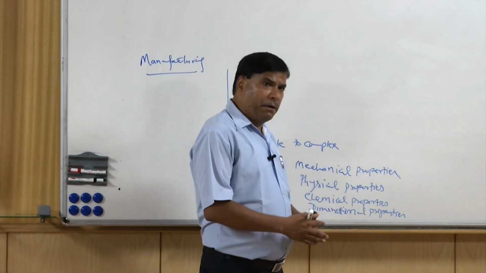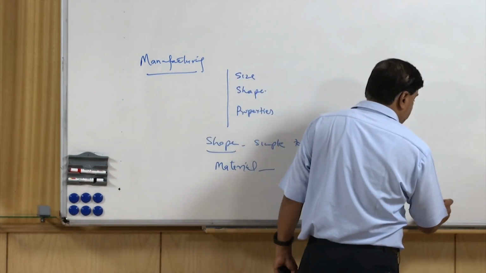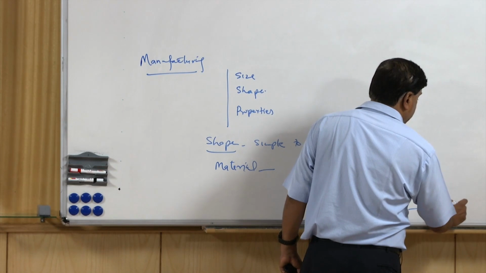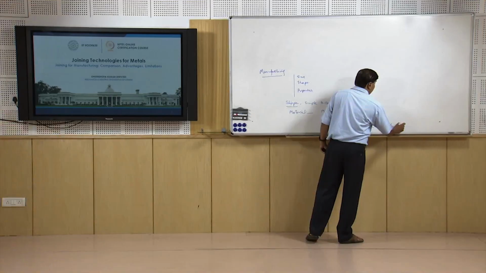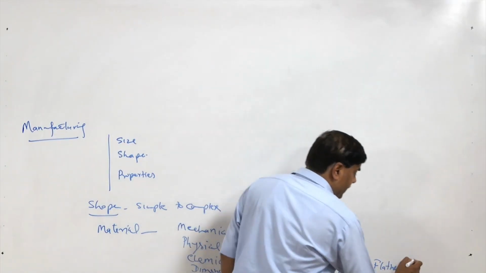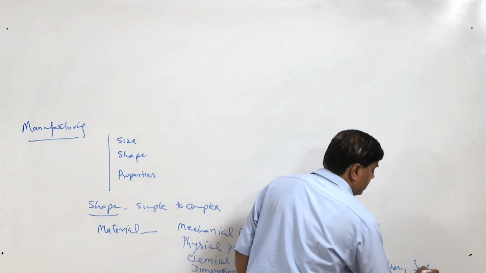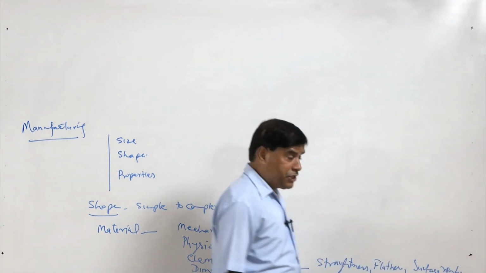And the dimensional properties are very important, because we have to see what kind of straightness, flatness and surface roughness is to be achieved.